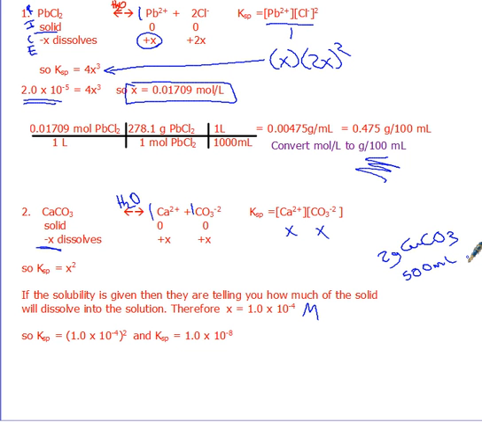Well, they'd be telling you the solubility in a roundabout way. You'd have to change these grams of calcium carbonate into moles, divide by the volume, then you would know the molarity. Now these are fake numbers here, so it's not going to work. But again, you have to have x in terms of molarity, so you could change the grams per 500 milliliters backwards into molarity.